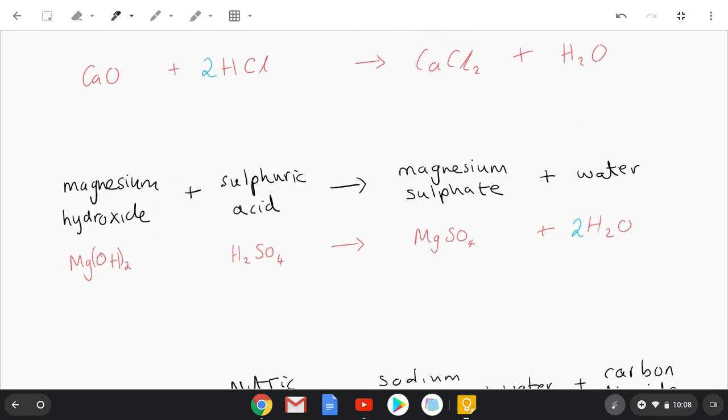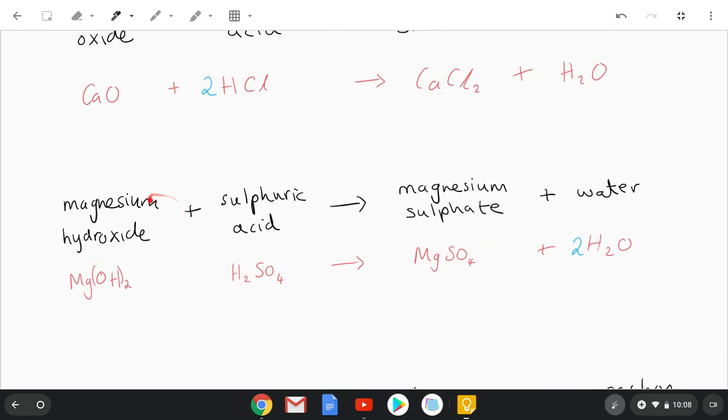Similarly, the second equation that you were shown was magnesium hydroxide, which is the alkali, reacting with the acid, producing, again, the first part of the alkali, which is magnesium. Here we haven't got hydro in the actual word, but in the symbol equation we can see the hydrogen, and the magnesium reacts with the sulfate here.